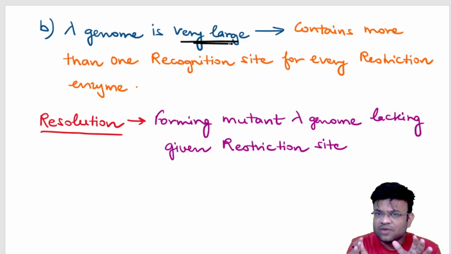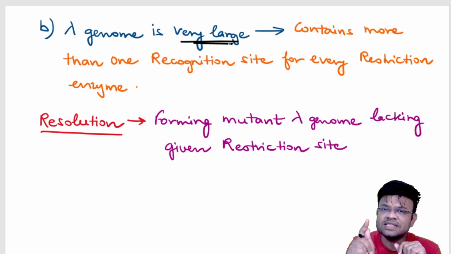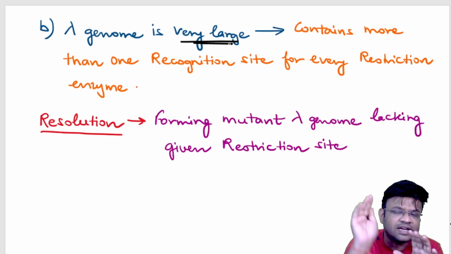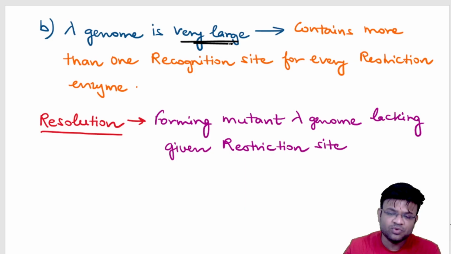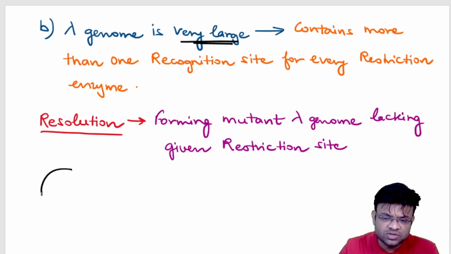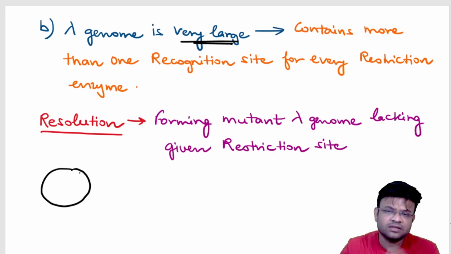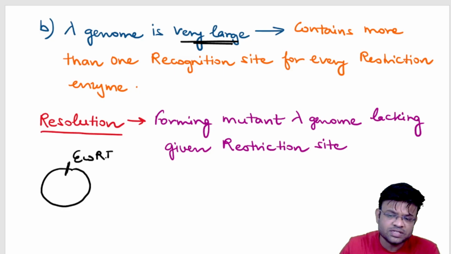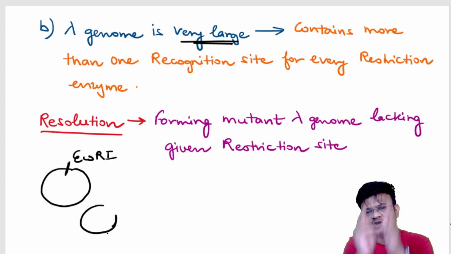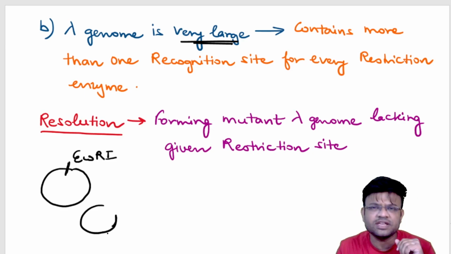In general, one restriction enzyme has one restriction site allocated to it. Suppose this is a DNA fragment. It has a site over here, and this is the EcoR1 site. So when I cut it with EcoR1, what will happen? This kind of structure will be present because EcoR1 cuts in this particular region.